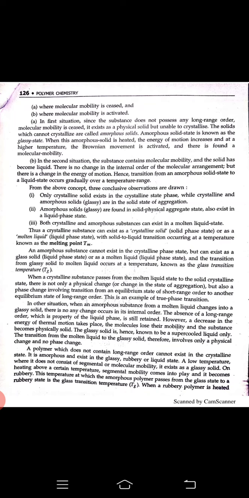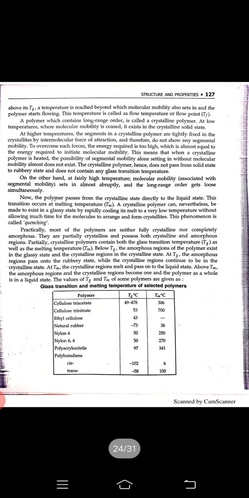This temperature at which the amorphous polymer passes from the glass state to a rubbery state is the glass transition temperature. When a rubbery polymer is heated above its Tg, a temperature is reached beyond which molecular mobility also sets in and the polymer starts flowing. This temperature is called the flow temperature, or flow point Tf.